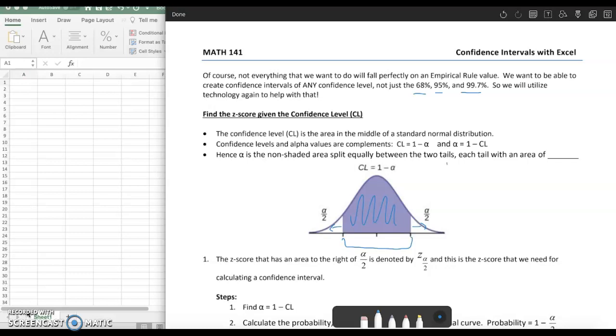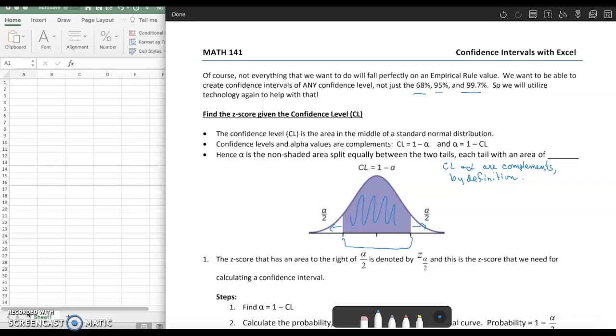So the confidence level and alpha are complements. And this is just by definition. So anytime you have the confidence level, you can find an alpha value by simply doing 1 minus. And same with the other way around. If you have an alpha value, you can do 1 minus to find the confidence level. You can move back and forth between those given 1.